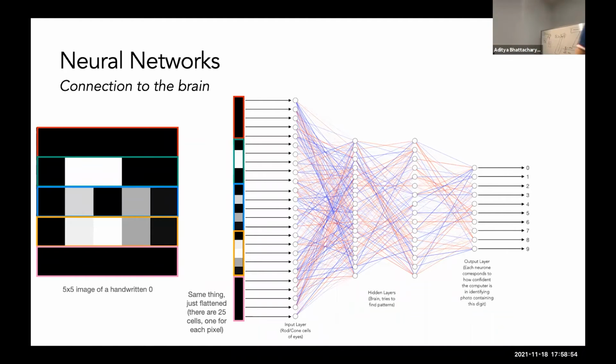Then at the end we have something called the output layer. So when you consider digits, how many digits are there in total? 0 to 10. Yeah, exactly, or rather 0 to 9. So there are 10 digits. That means we use this output layer that has 10 neurons.